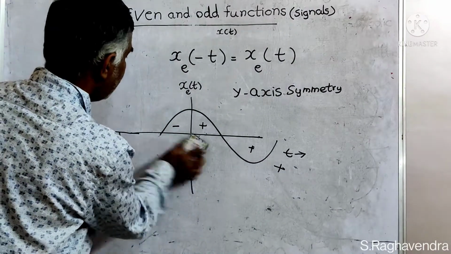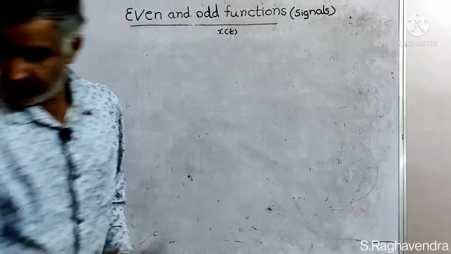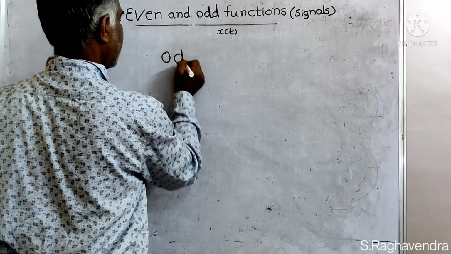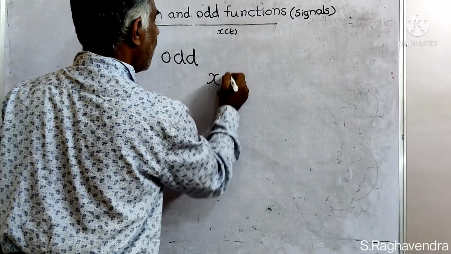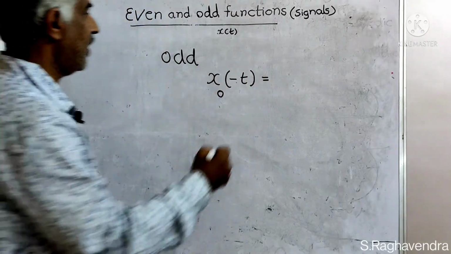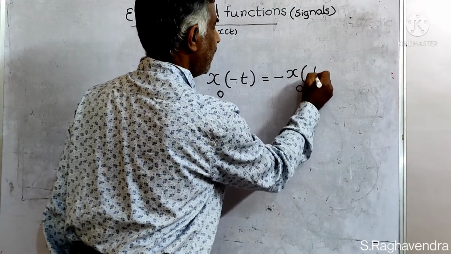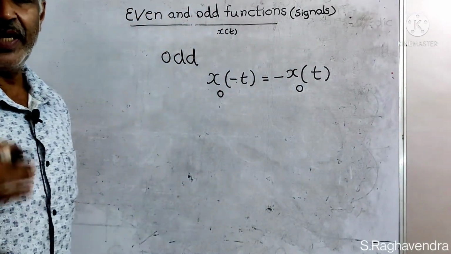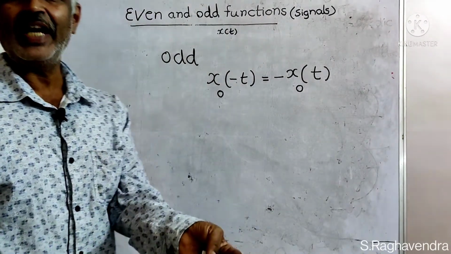Now I will explain odd symmetry or odd function. Coming to the odd function, the definition is x naught of minus t is equal to minus of x naught of t. That means if you replace t by minus t, then the value becomes the negative of that.